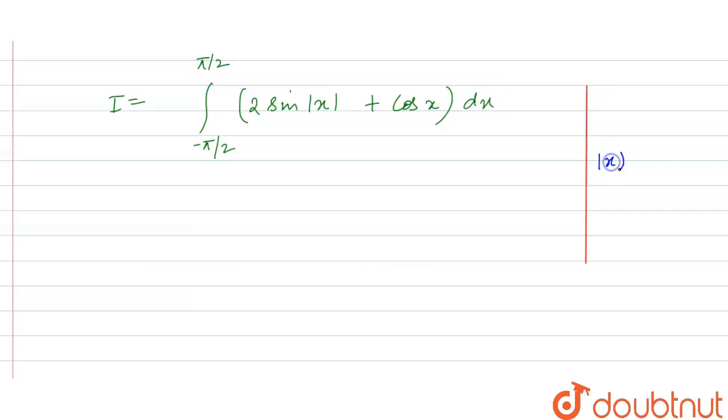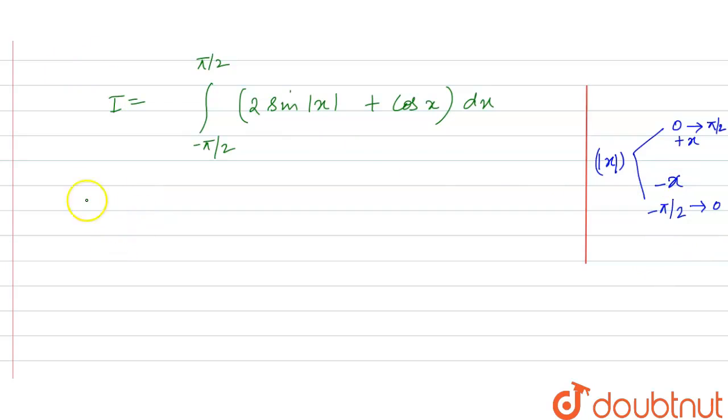So mod x will be equal to plus x from 0 to pi by 2, and from minus pi by 2 to 0 it will open with a negative sign, that is minus x.